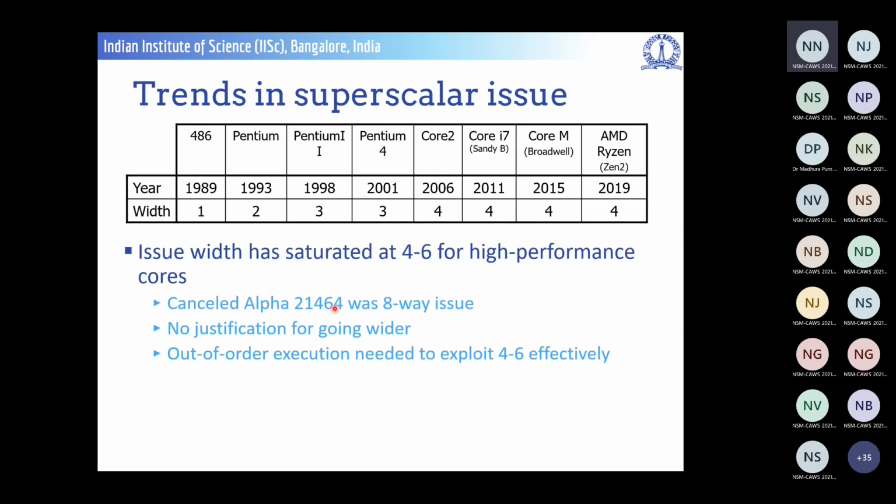I'll end by saying what is the trend of today. As we talked about, the Pentium was one of the first commercial processors that introduced superscalar processing. But even if you look at today's processors, you would not see more than 4 issue width. They are not trying to push more than 4 instructions.